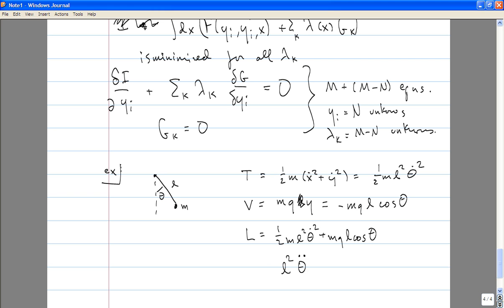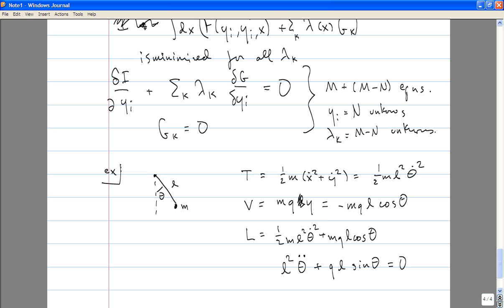And then we subtract from that the derivative of m g l cosine theta with respect to theta, so we get plus g l sine theta. And I factored out an overall m, because both terms are proportional to m.